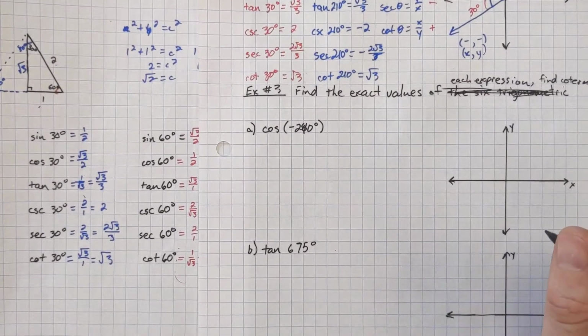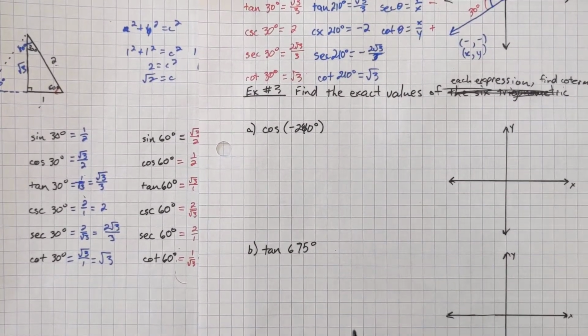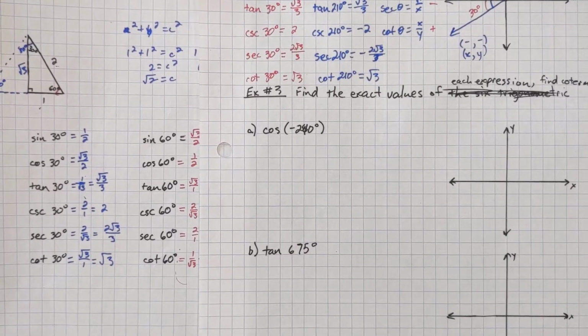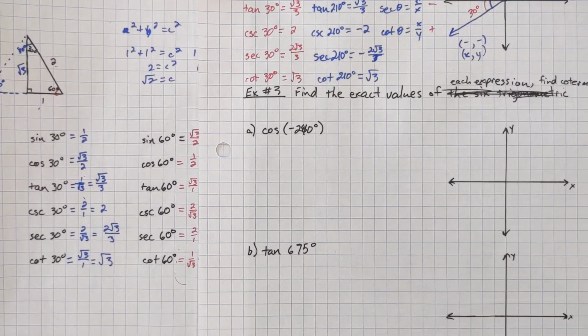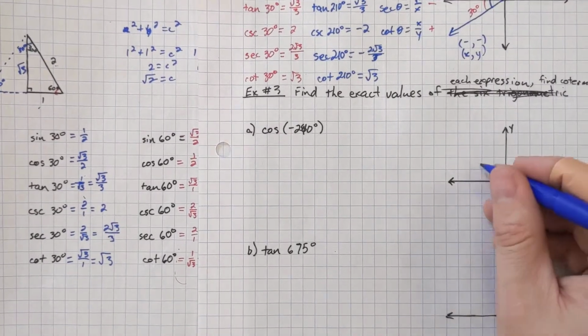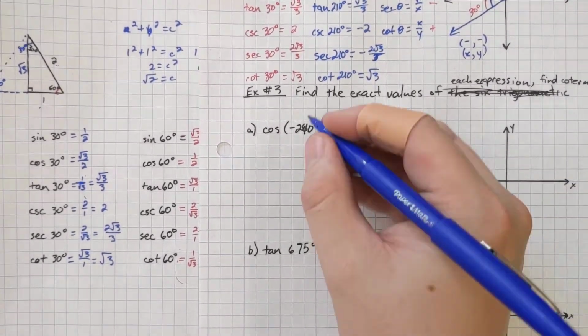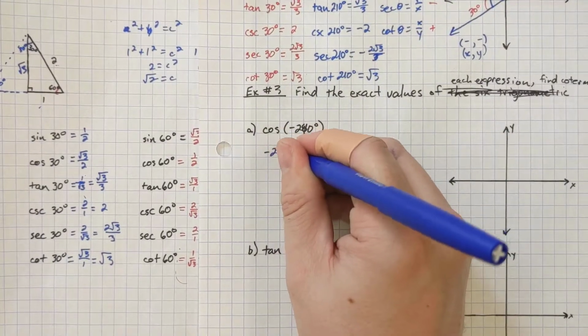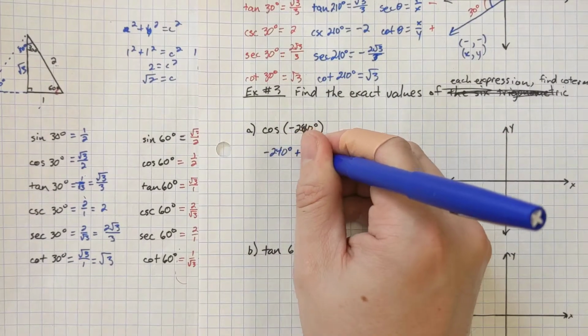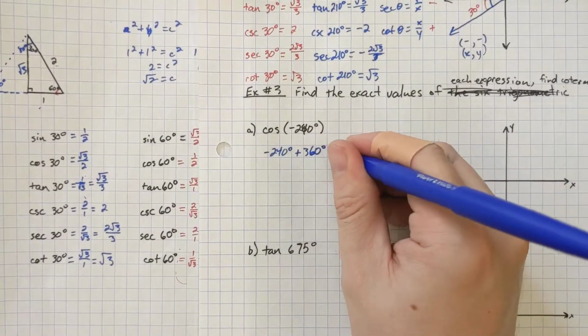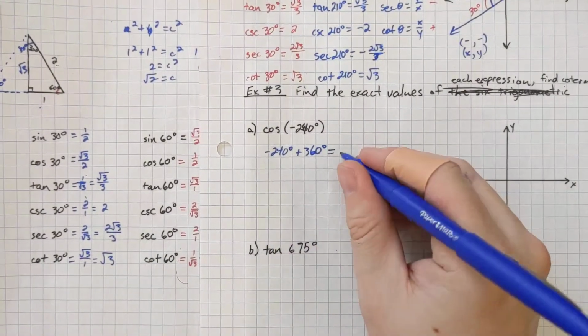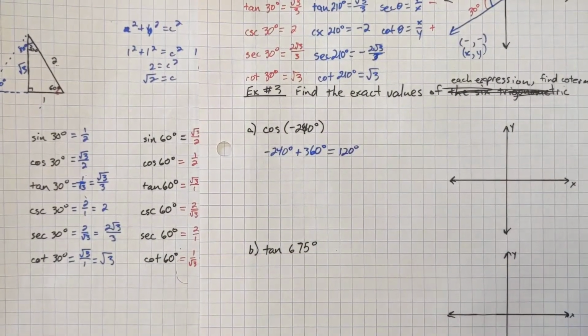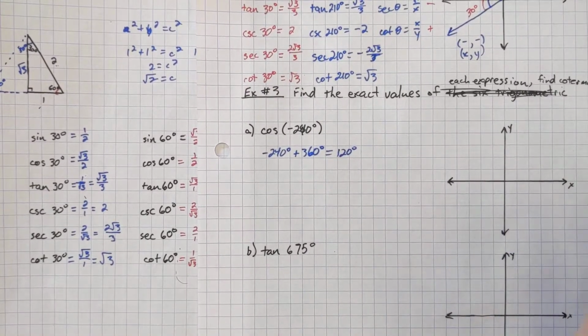First we really want the coterminal angle of negative 240 degrees. We don't want to go backwards, we want a positive angle. So for negative 240 degrees, we add 360 degrees, and we get 120 degrees. So that's the angle we're going to use.